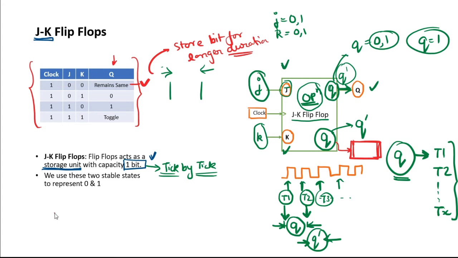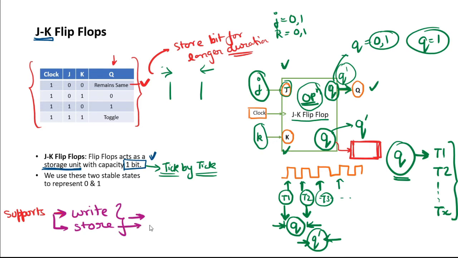What it does is, the JK flip-flop supports writing, and supports store, right? And this is what we require from a memory.